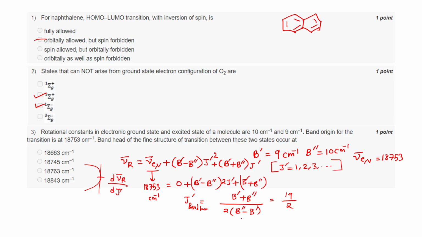Now if you put the value of J dash here, your band head is going to come at 18753, plus 9 minus 10, which is minus 1, into 19 by 2 square, and then B dash plus B double dash is 19, into J dash, which is also 19 by 2.